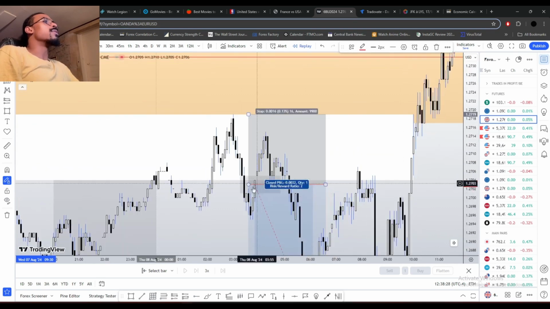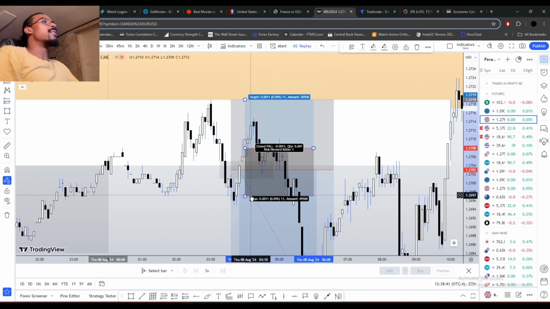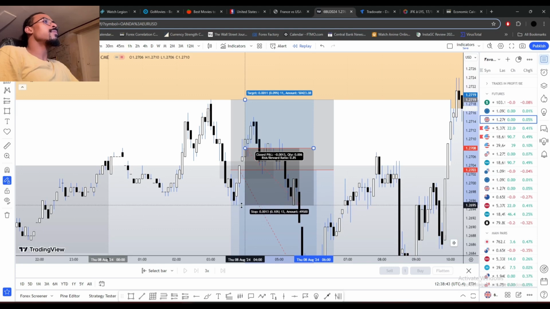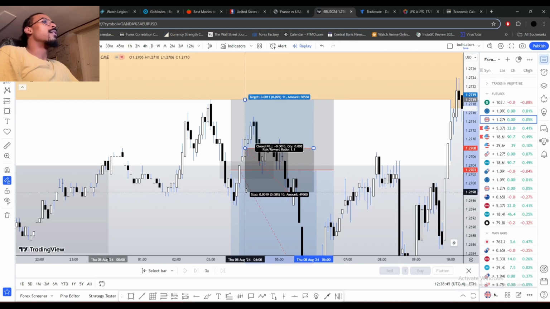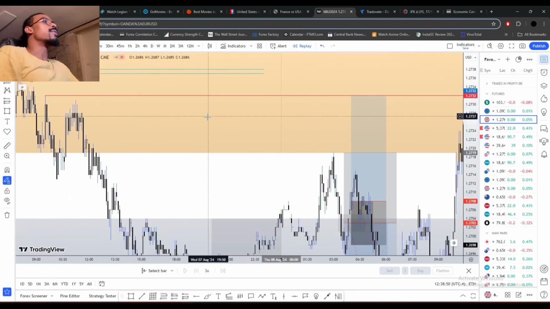As price started closing into this fair value gap, I was thinking maybe that could be inversion. And instead of me selling, I flipped my bias. I cut my trade short. Cut my trade, right? And decided to buy instead. Right? With my stop right below that inversion fair value gap and targeting those highs there.